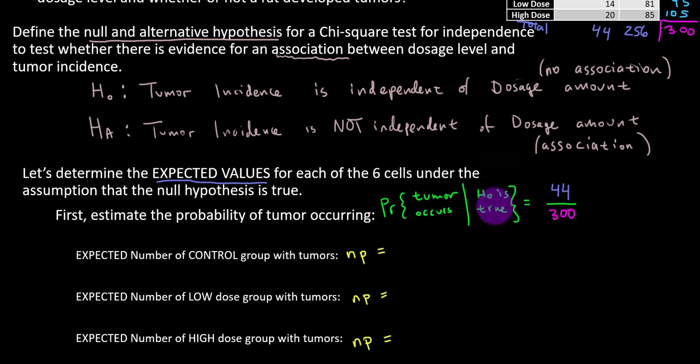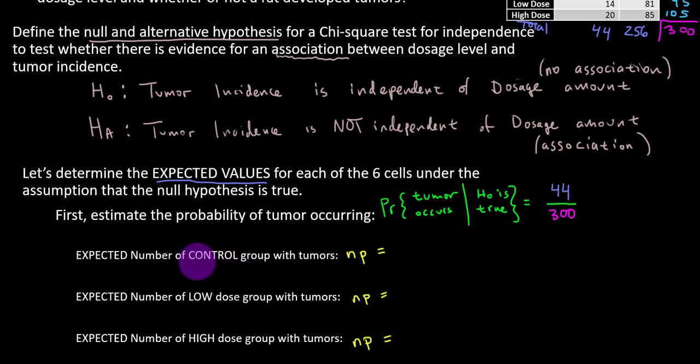So it doesn't matter the dosage amount if these two variables are independent under the null hypothesis. So we're going to use this quantity for all of the p's here. Okay, well, what will n be? The n is the number of rats in each of these groups.